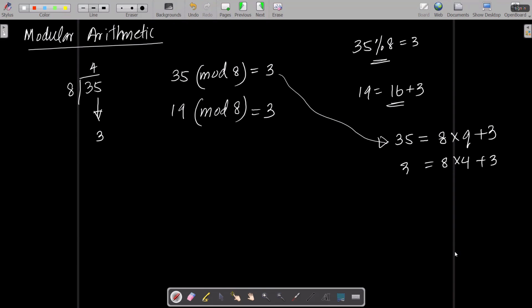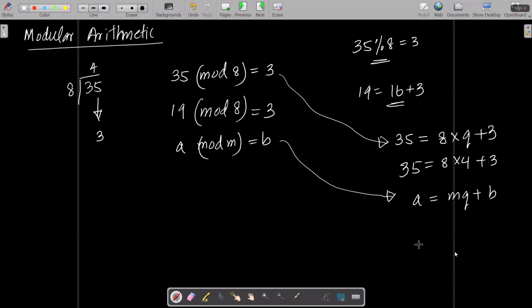So, say we have something like this: A mod M equals B. With the same argument, we can write A as M times Q plus B. This is correct.